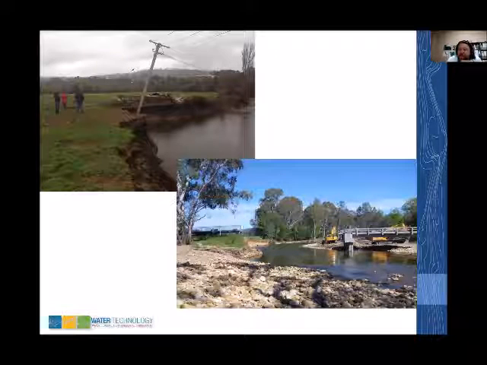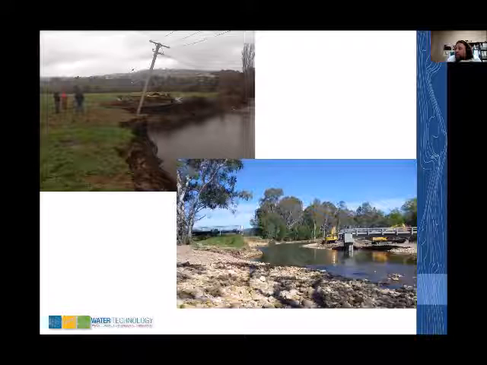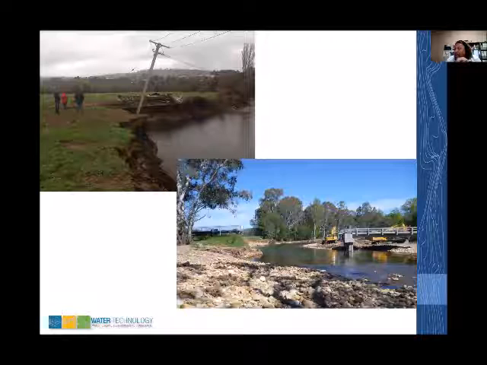The frustrating thing about this, I suppose, was in every instance that comes to mind, that telephone pole had been washed in and partially collapsed, like you can see in that top left-hand photo. And prior to any works being undertaken to stabilise the banks, the utility company had come along and plonked it about 3 or 4 metres from the top of bank on that outside bend again. So effectively that process is just going to repeat itself over time, where it'll consistently be threatened by that erosion of the creek or riverbank.